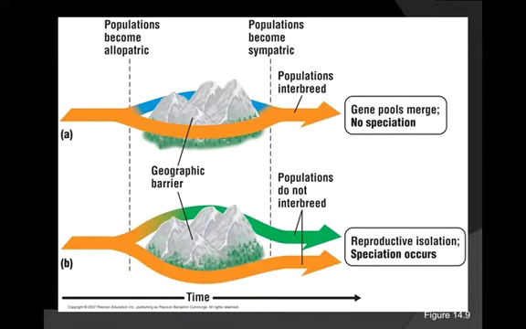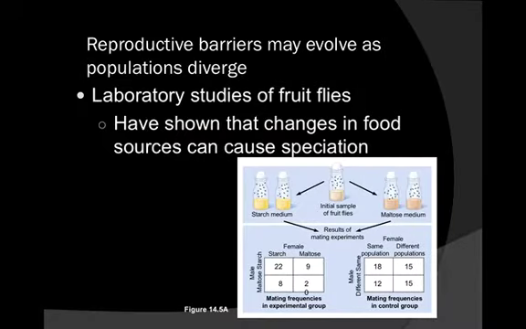Now, sometimes you can have situations where there's a geographic barrier and yet afterwards the populations are capable of interbreeding and no speciation occurs, and then other times you have reproductive isolation because speciation has occurred. Reproductive barriers may evolve as populations diverge.